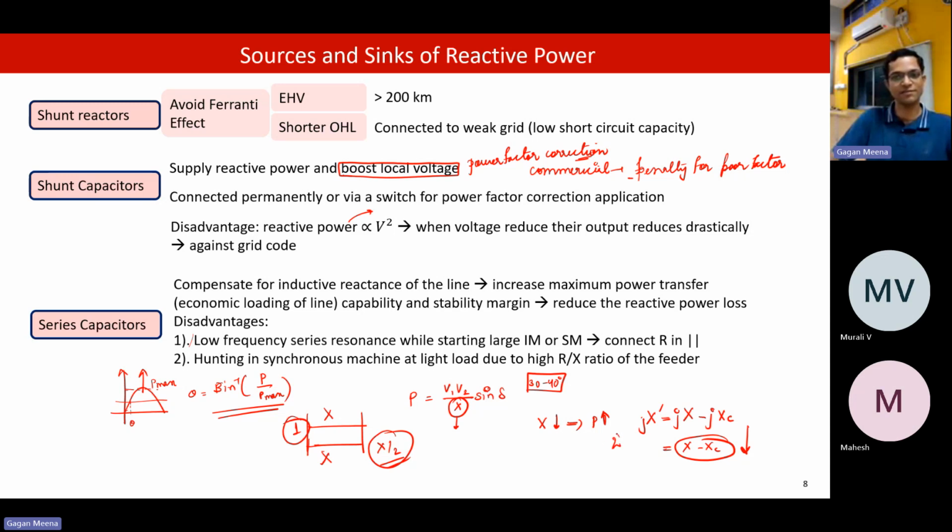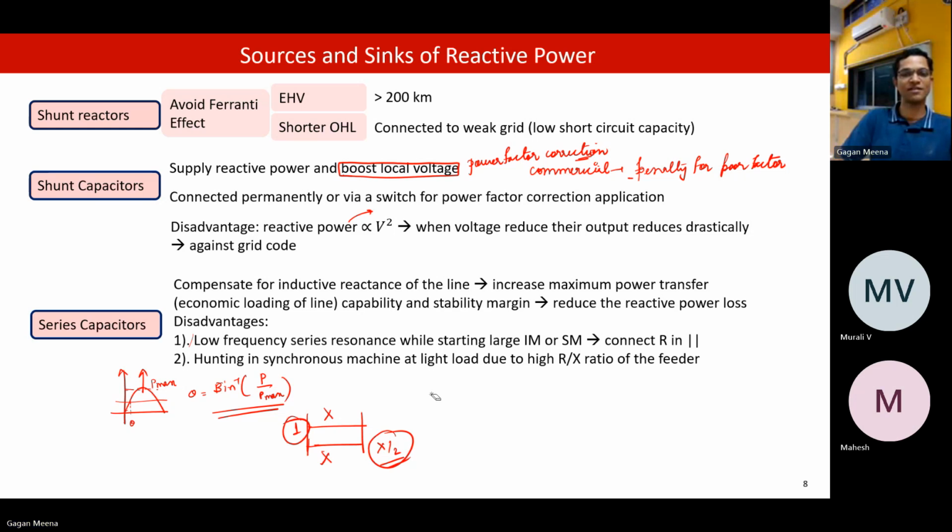Another way is to introduce a series capacitance in between the lines. This will increase the power capability, and because we are reducing the reactance, it will also reduce the losses.